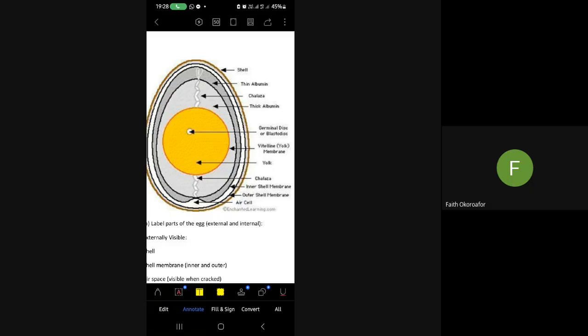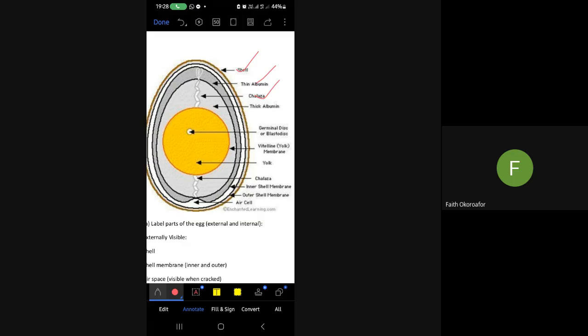So peradventure you get to the exam and after dissecting you discover that you did not see the chalaza, don't disturb yourself, okay? It is still part of it. Then if you are to draw and label, the important parts that must be labeled: the shell, the albumin, the chalaza.